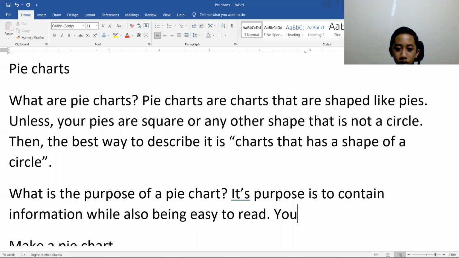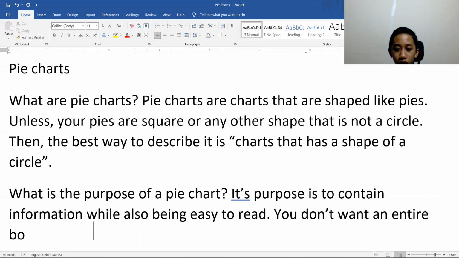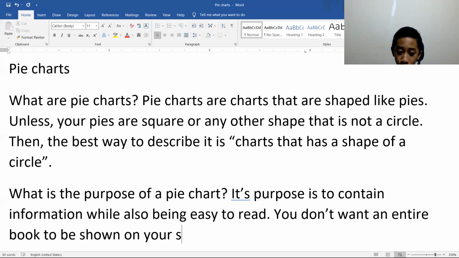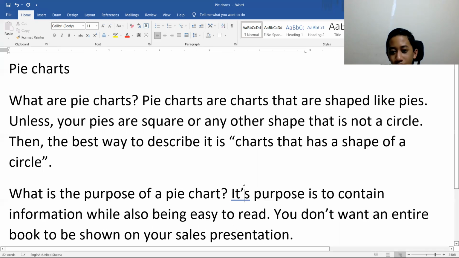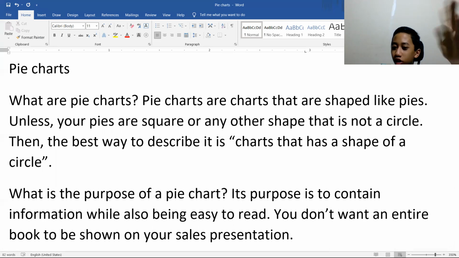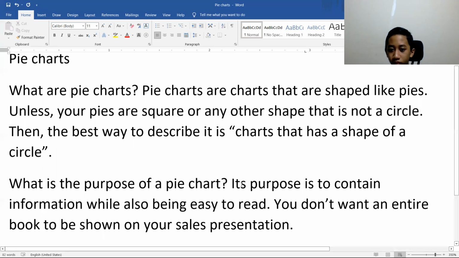You don't want an entire book to be shown on your sales presentation. Oh yeah, it is purpose. No, that is not correct. It will be its.